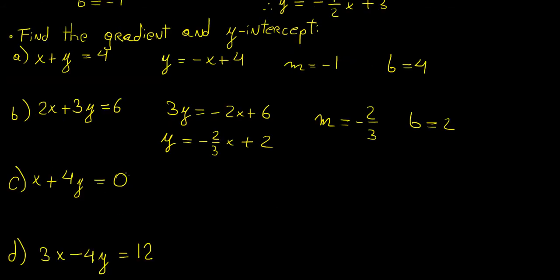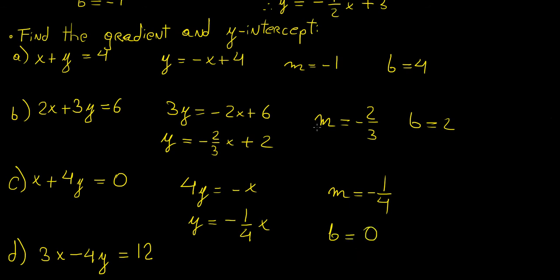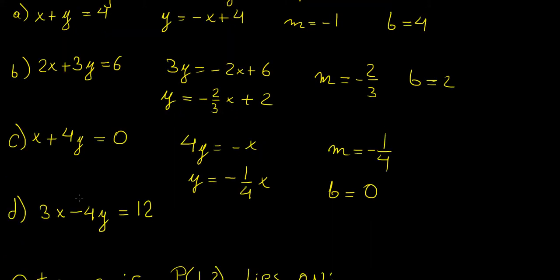Now for this one, we start off with 4y equals minus x, and then y is going to be minus 1 over 4 x. In this case, it turns out that the y-intercept is 0 because there's essentially no constant term here. So the gradient is minus 1 divided by 4, and the y-intercept is simply 0. For this one, we're going to do the same. Let's subtract x from both sides.